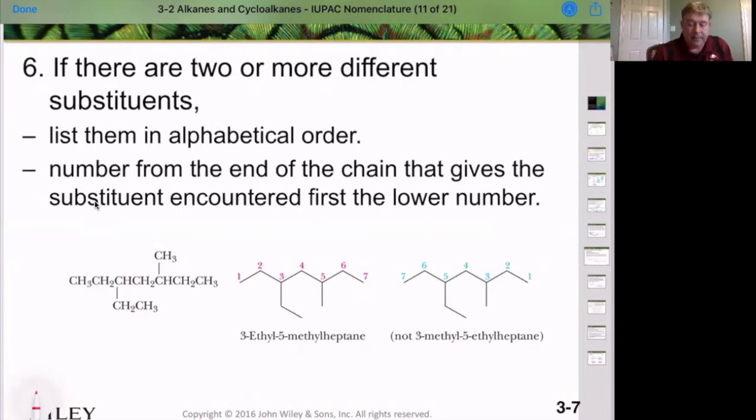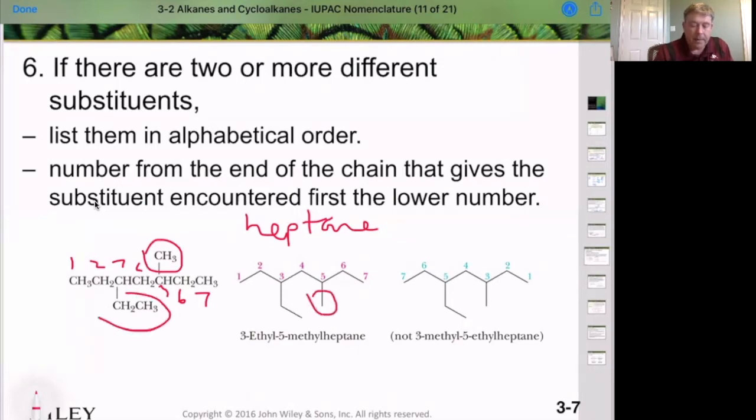So in this case here, we have 1, 2, 3, 4, 5, 6, 7 carbons here. So that's going to give us our parent as heptane, right here. And we have a methyl substituent and an ethyl substituent, okay? Since ethyl comes before methyl in the alphabet, we label it ethyl methyl heptane.